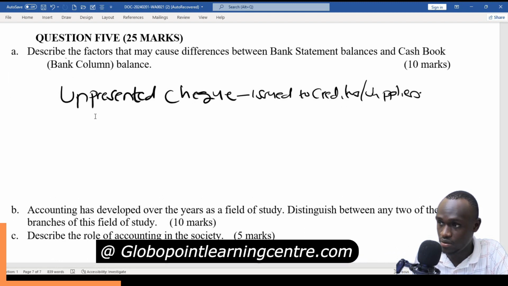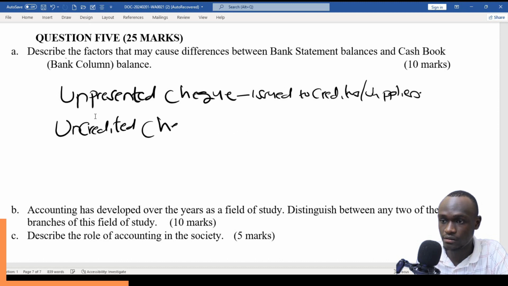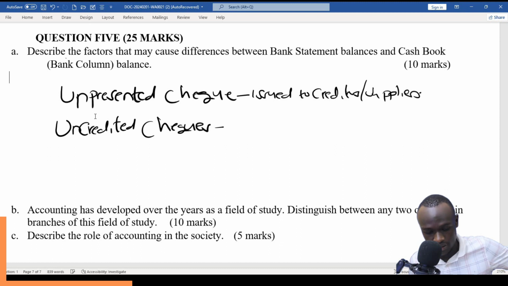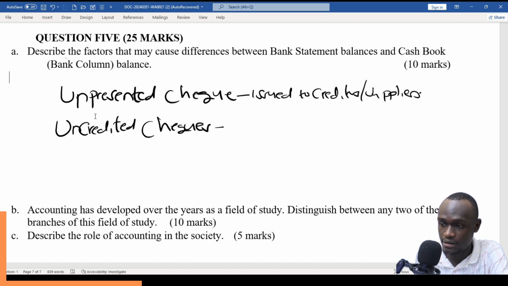Another item that appears only in the cash book is uncredited checks. What's an uncredited check? You can say these are checks that are received from customers. The customers are making payments, so the company receives the check.